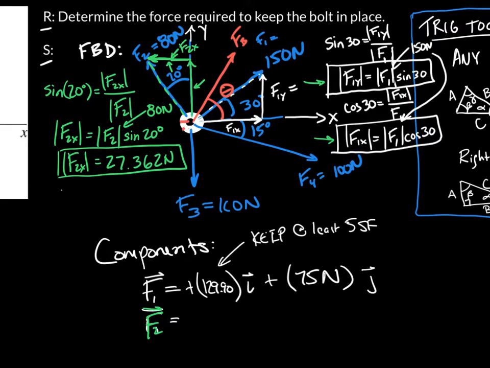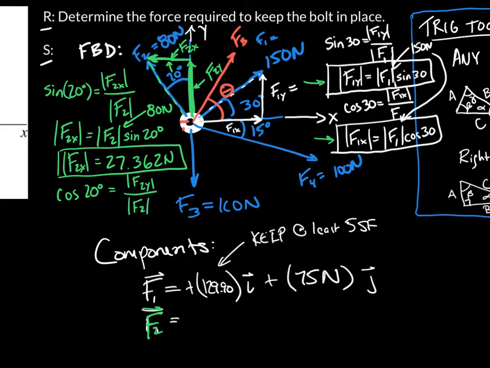Similarly, I could do the cosine of 20 degrees, dealing with the adjacent. So that's this side right here, which is F2y, so F2y over the hypotenuse, which is F2.